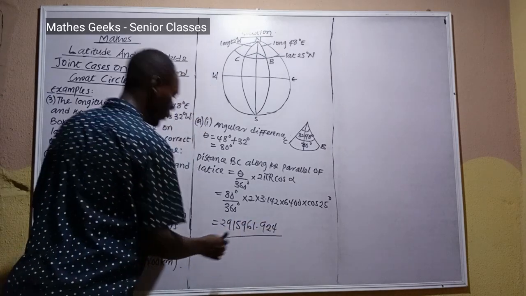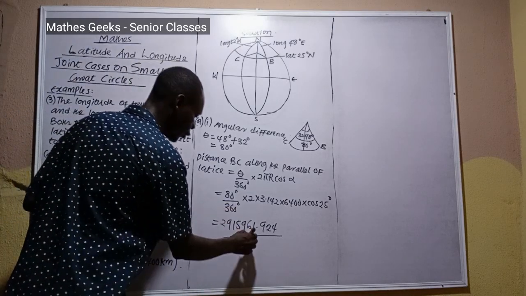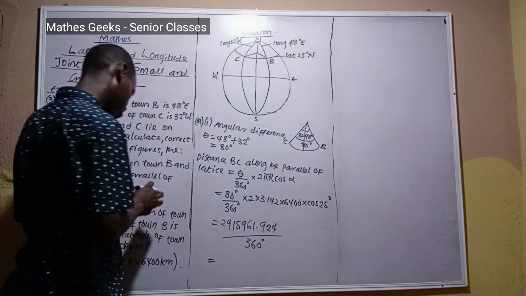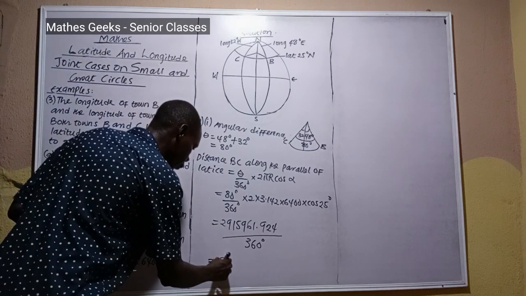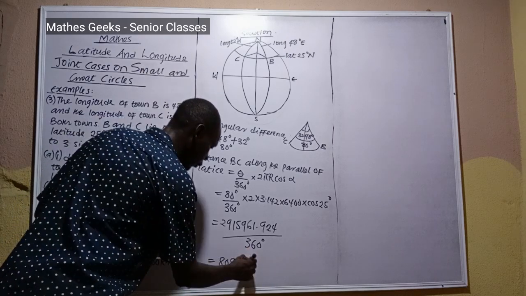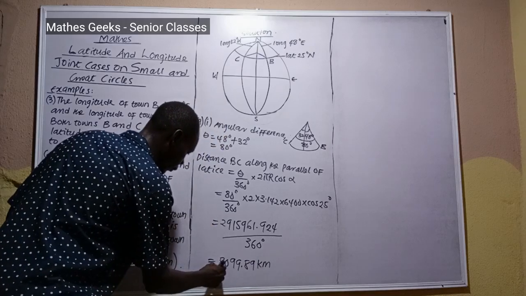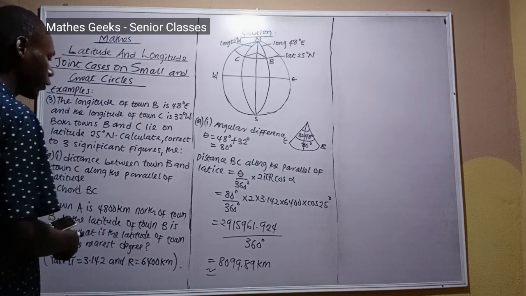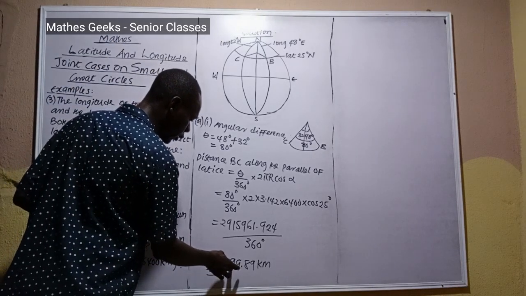2,915,961.924 divided by 360 degrees. So 8099.89 kilometers approximately. Correct to three significant figures. So three significant figures: this is the first, this is the second, this is the third.